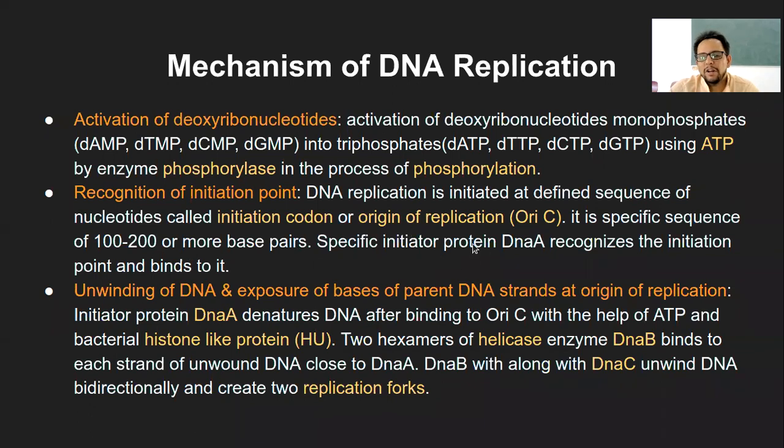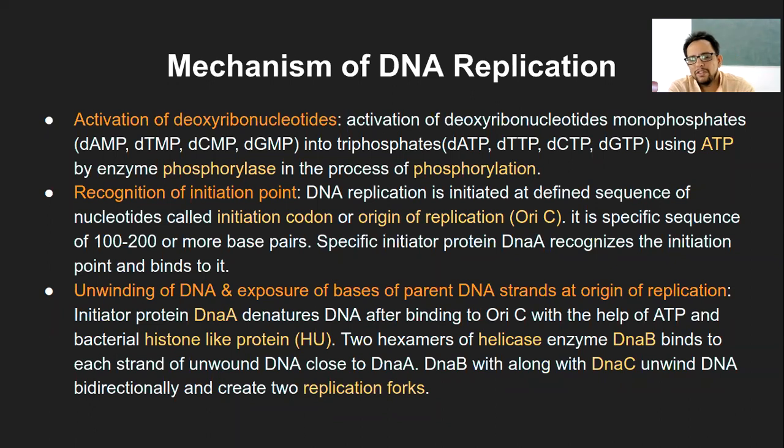A specific initiator protein, which is called DNA A, will recognize the initiation point and bind to it. Now again, this protein will have a specific recognition site for the DNA molecule of that particular gene.